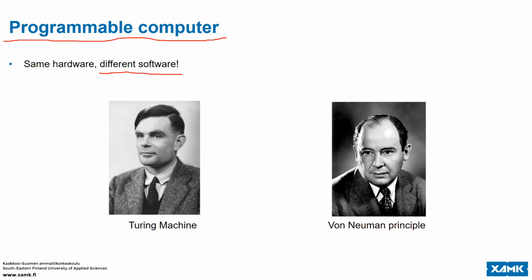He never really built the programmable computer, but he laid down the groundwork, and then John von Neumann came up with the architecture for a von Neumann machine, which, as said, is basically the blueprint for every single modern processor that exists nowadays.